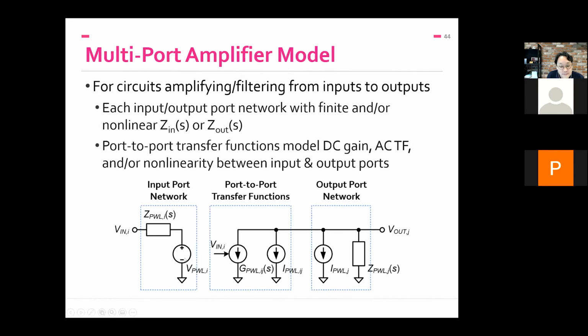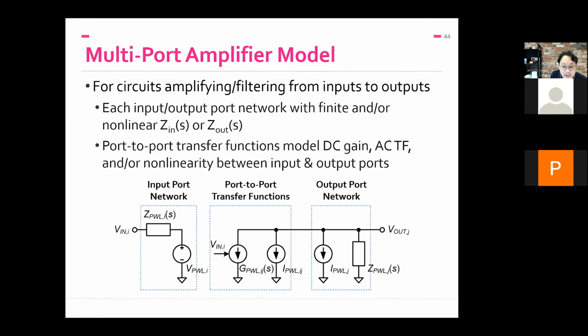And between the ports, you can have these macro models that express the transfer function between the ports, that can model DC gain, of course, AC transfer function, as well as nonlinearity, again using the piecewise linear function.